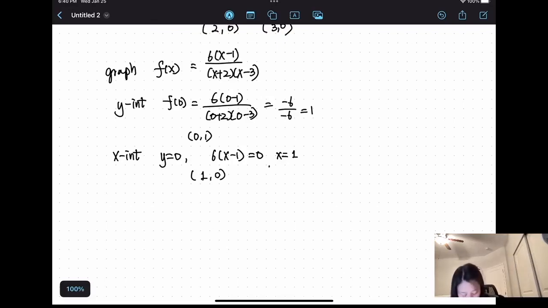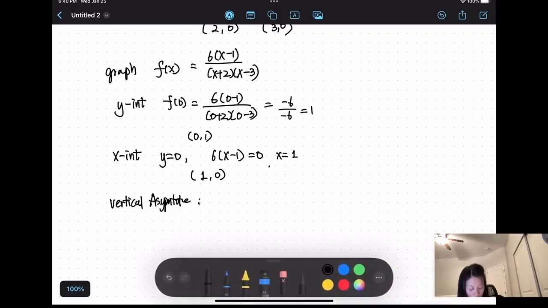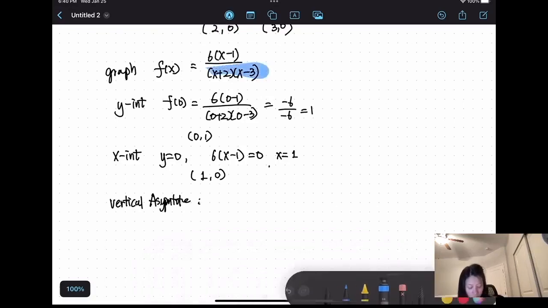Okay, next one is the vertical asymptote. For the vertical asymptote, we don't need to do anything about the numerator. We want to set the denominator equal to 0.